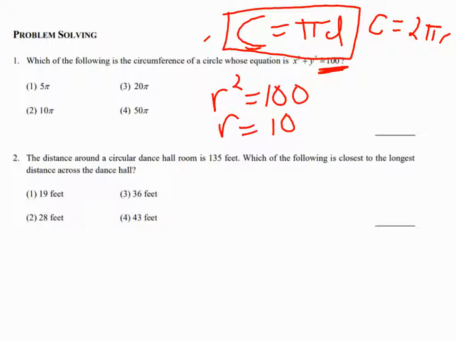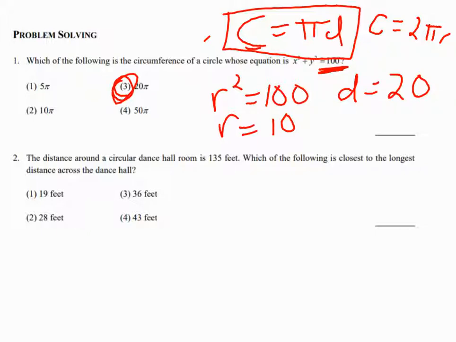We want the diameter because that's what I'm going to use to find circumference. If the radius is 10, then the diameter is twice that, which is 20. So the circumference would be the diameter, 20, times pi. So it would be number 3.